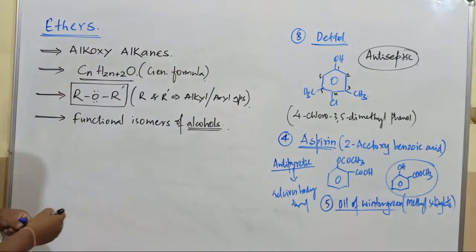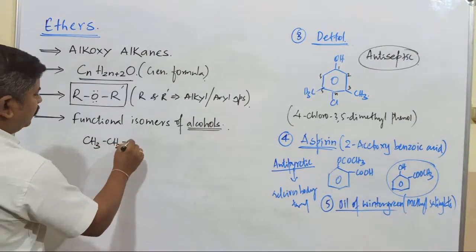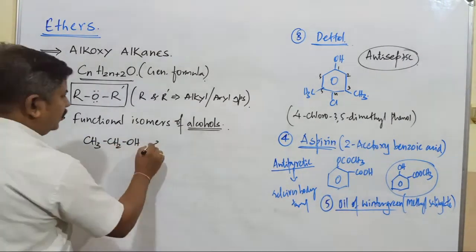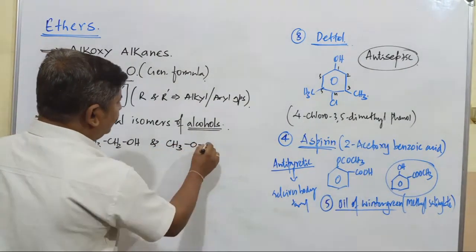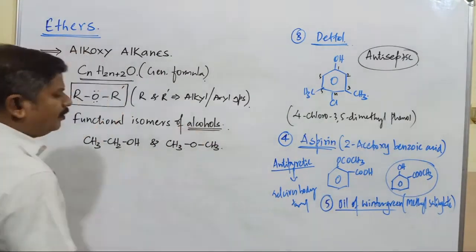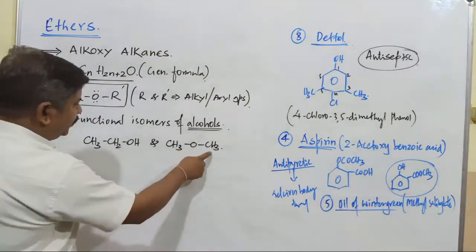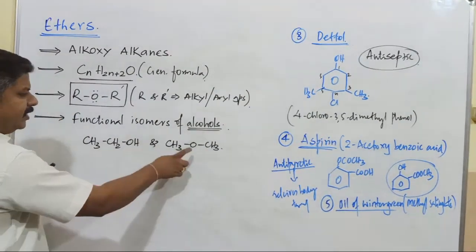If you take the compound CH3CH2OH, is it alcohol or phenol? The OH group makes it an alcohol. What is the functional isomer of this one? CH3OCH3. Count the number of carbon, hydrogen and oxygen. Two carbons are there, here also two carbons. Hydrogen, six are there, 3 plus 3 is 6. One oxygen atom.